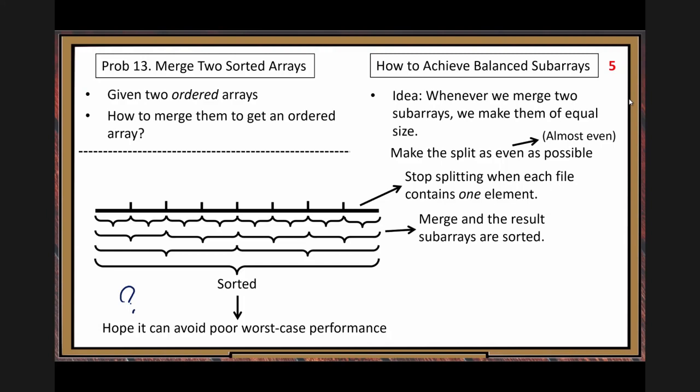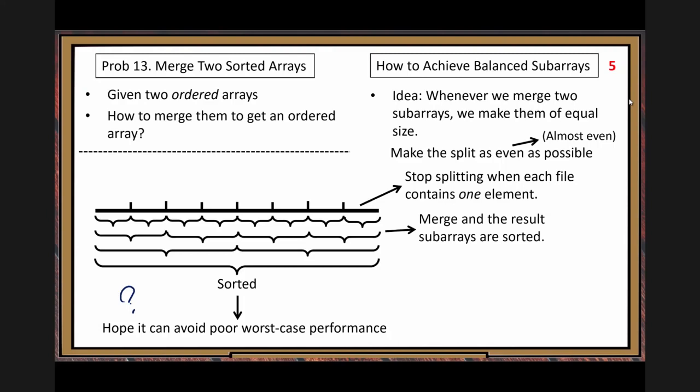Why can we have this kind of hope? Because think about it, evenly split. Every time we do it, our data is split in an even fashion, and that's based on the balancing principle. The balancing principle has the biggest property: it can help us avoid poor worst case.